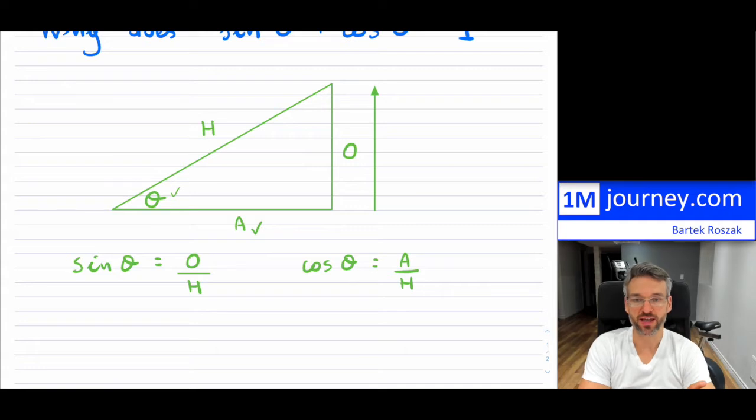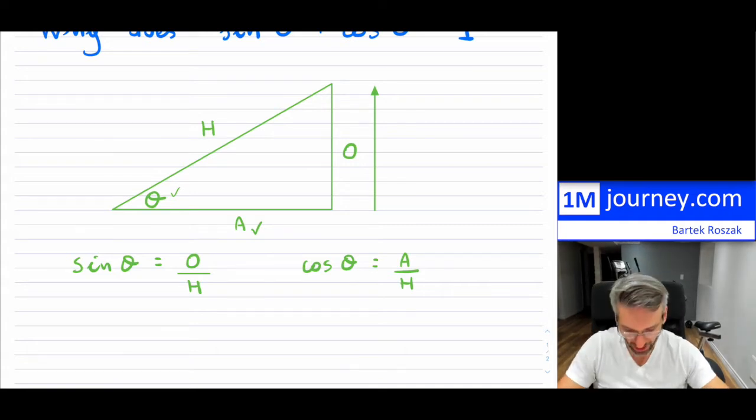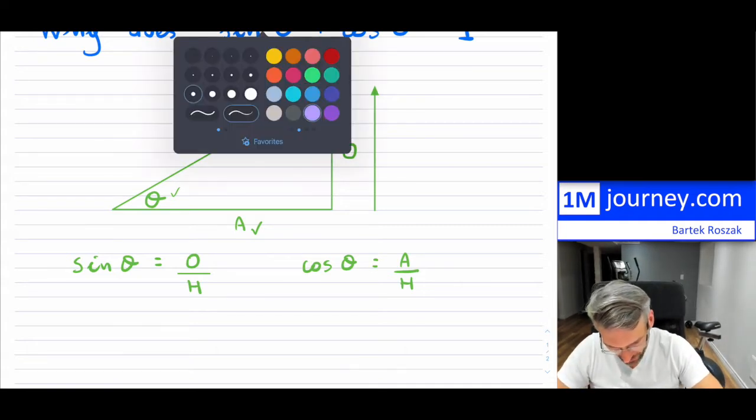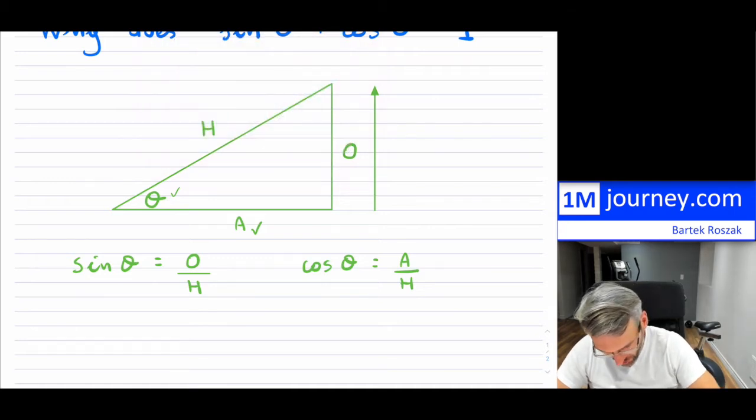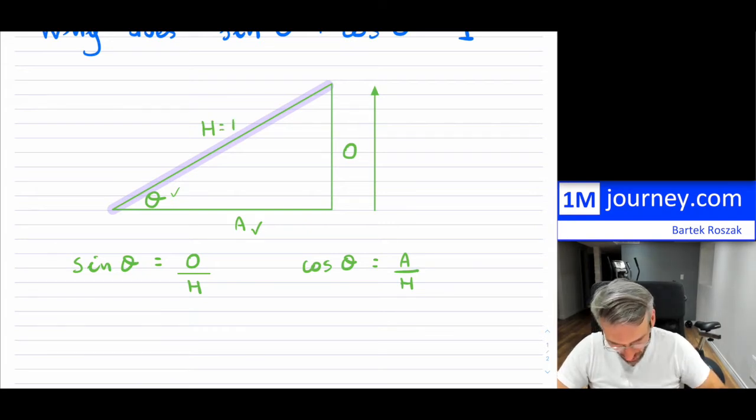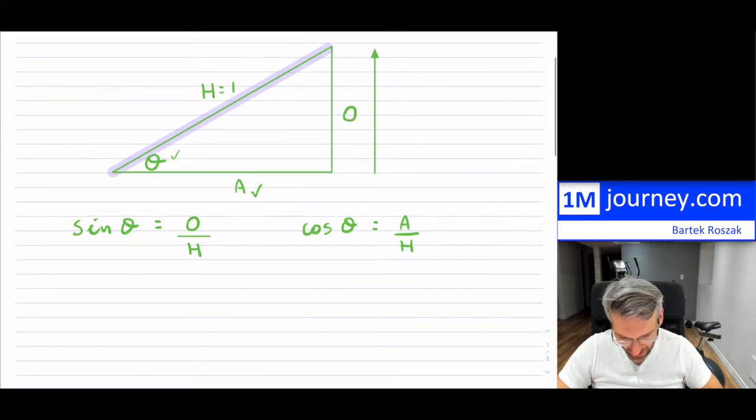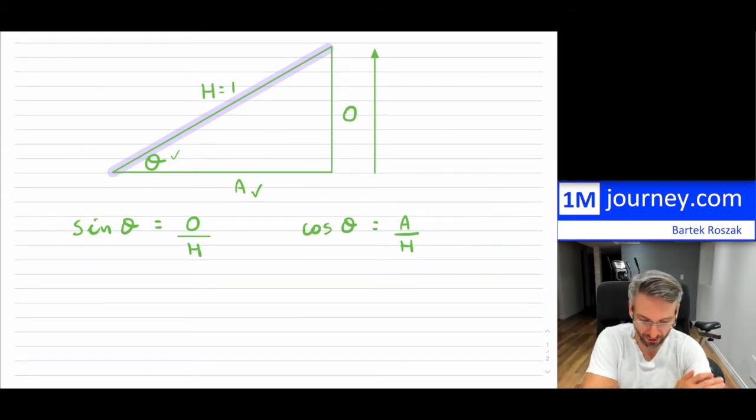Now, if you take any triangle and you force your hypotenuse, this length right here, to be equal to 1, then you will notice a very interesting pattern.